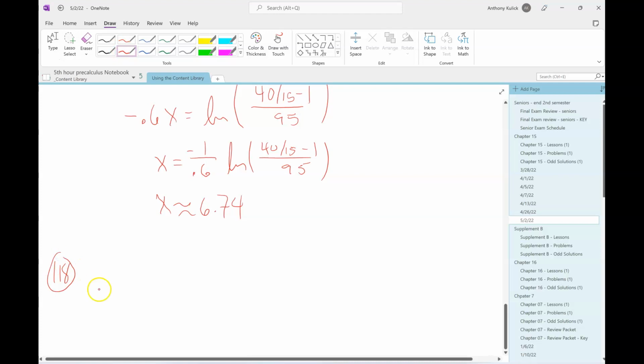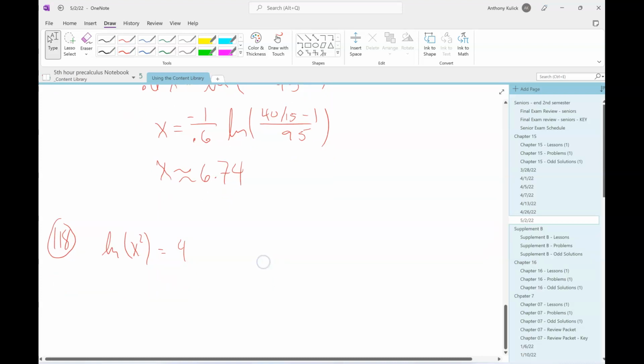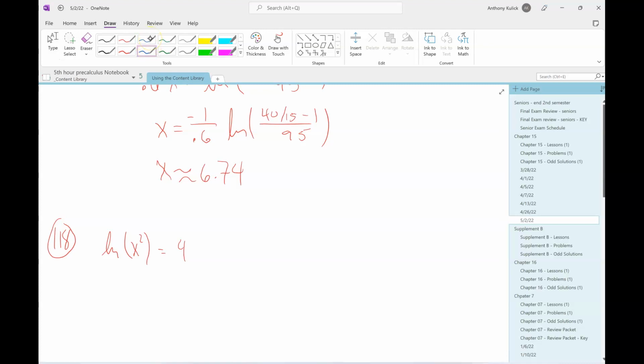So 118, we have the natural log of x squared equals 4. First thing I would do is get rid of the natural log. What is going to cancel out a logarithm? We use an exponent base. What exponent base would I want to use to cancel the natural log?